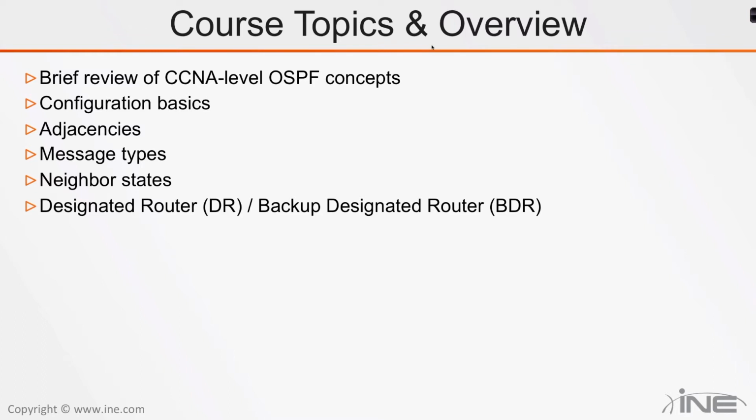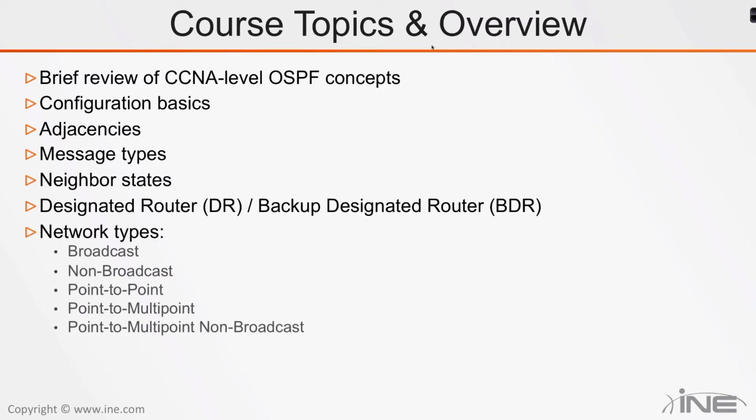Not only why we need a DR and a BDR, but specifically which OSPF network types are going to require us to have the DR/BDR and why we don't have it on other network types. So, a good segue right into the network types, we're going to be talking about all of the OSPF network types: broadcast, non-broadcast, point-to-point, point-to-multipoint, and then the Cisco special, point-to-multipoint non-broadcast.